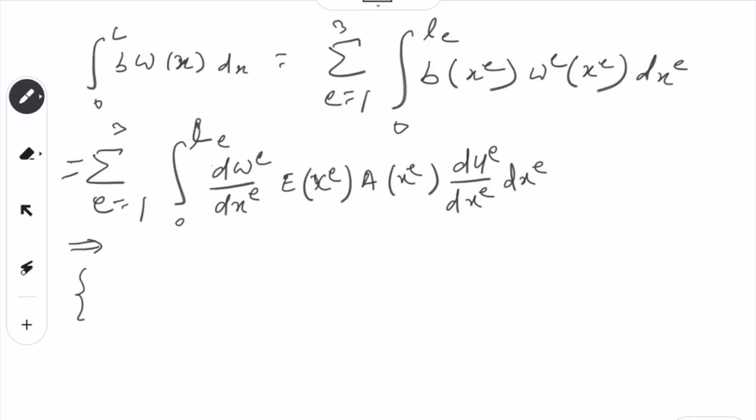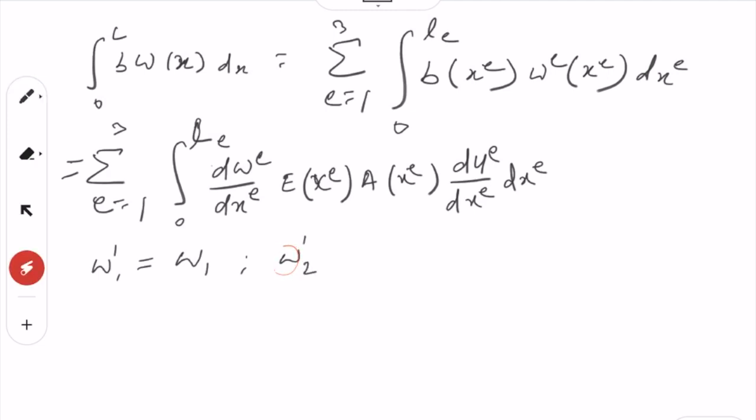Before that, I think let us write one thing. We are assuming W11 is equal to, let us call it capital W1, then W12, which means that W of element number 1 at node 2.